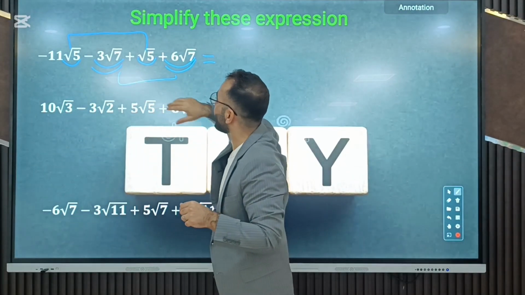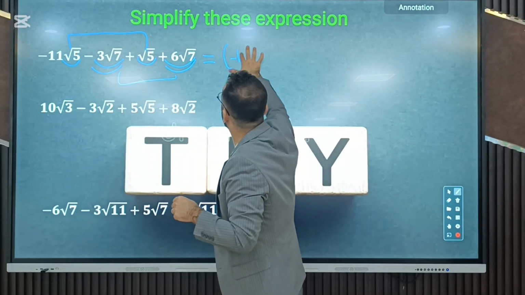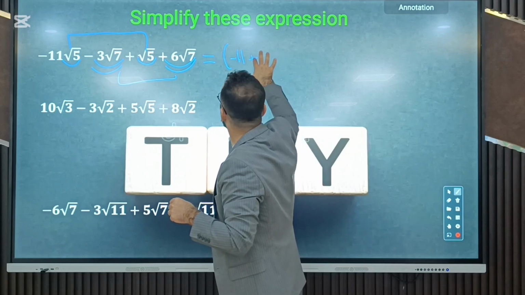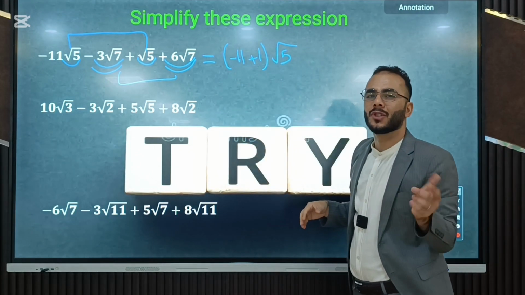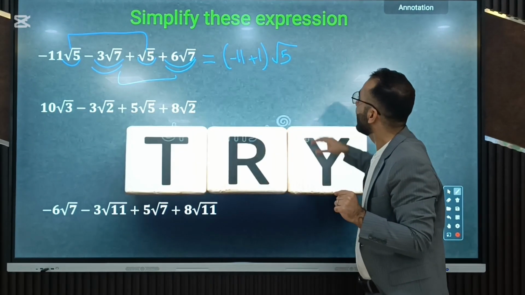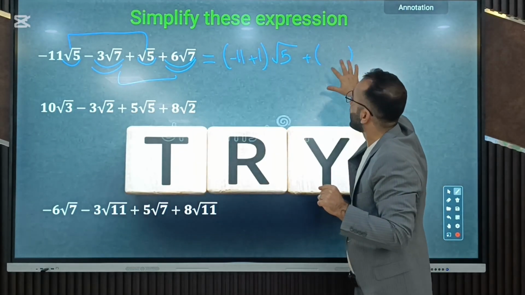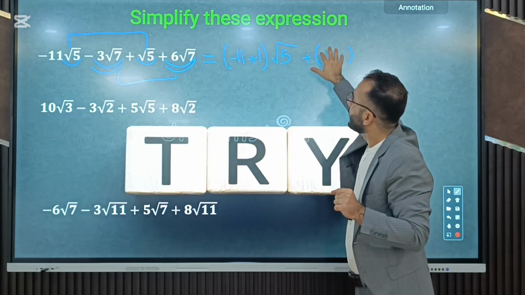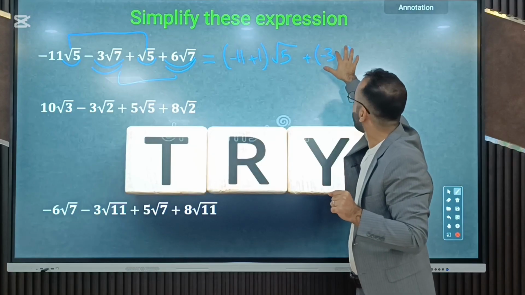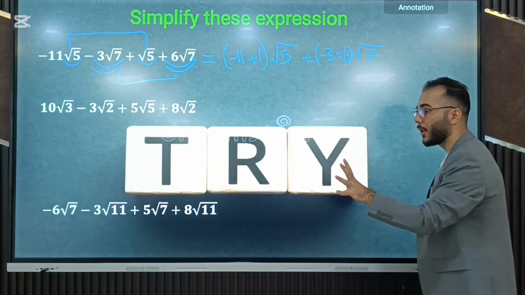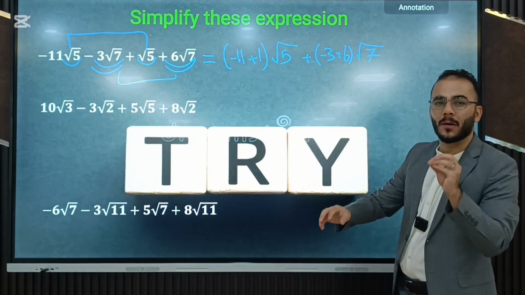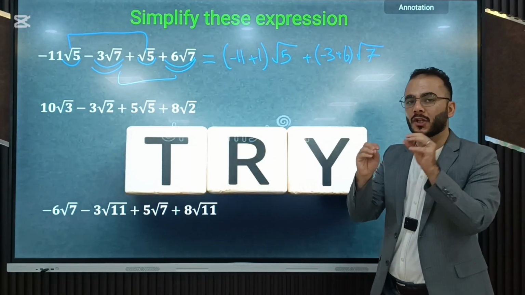Okay, these two, negative 11 plus 1 times the common square root, the common part, which is square root of 5. Okay, and then plus bracket negative 3 plus 6 square root of 7. Remember, you have to add or subtract the like terms, the like square roots.